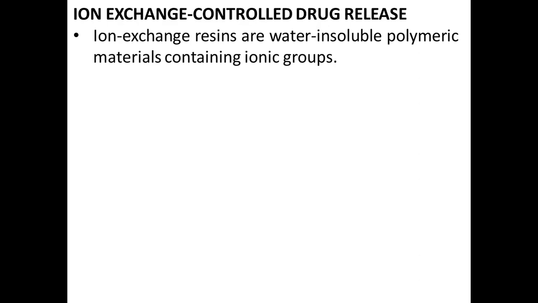like carboxylic groups or sulfonic groups for cation exchangers, and basic groups like quaternary ammonium compounds for the anion exchangers. These particular ion exchange resins have specific properties, like acid-base strength, particle size, porosity and swelling. On the basis of these properties, the release characteristics of the drug are dependent.